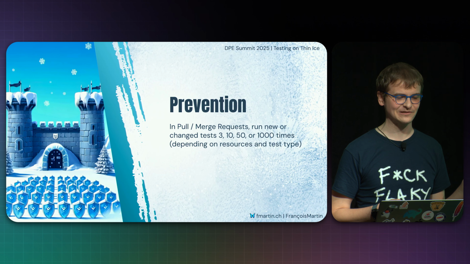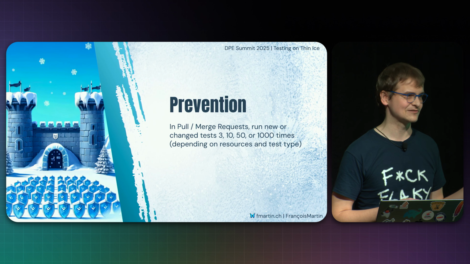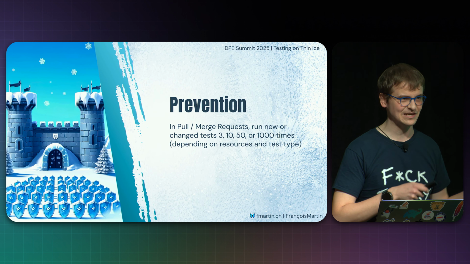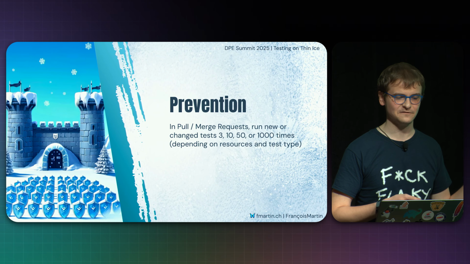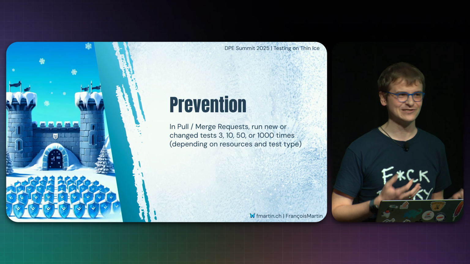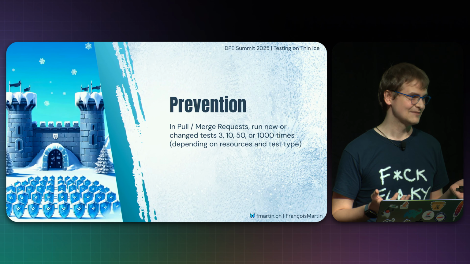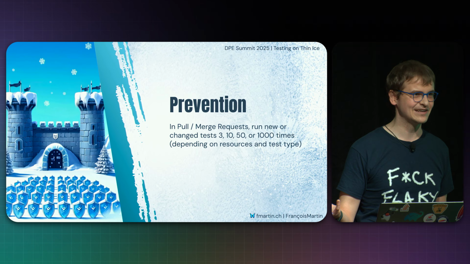Like, for example, one that I really like is in pull or merge requests, just run new or changed tests, or just logic that maybe has changed in your code. Maybe 3, 10, 50, or 1,000 times. Of course, this really depends on how many resources you have on your build agent. But you can also obviously just run this overnight, for example, when you're not using your CI instance.